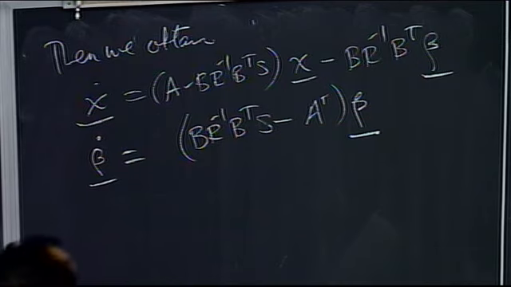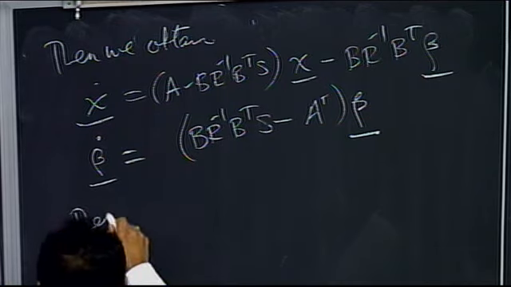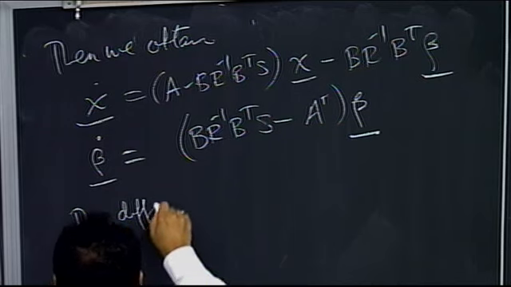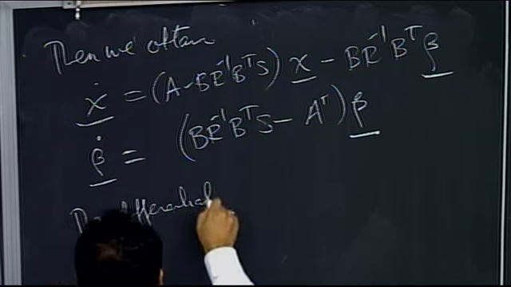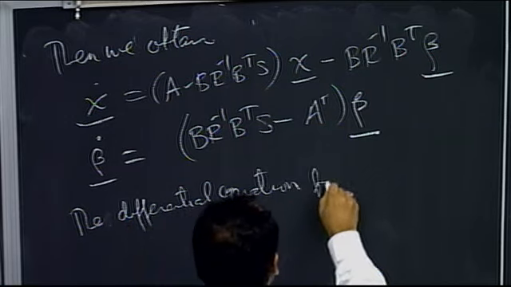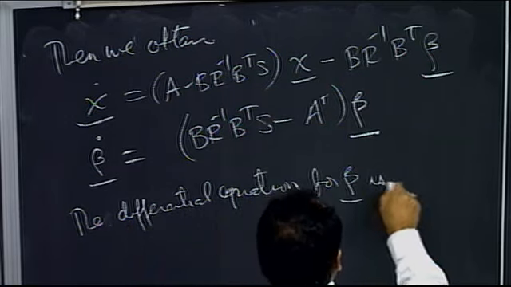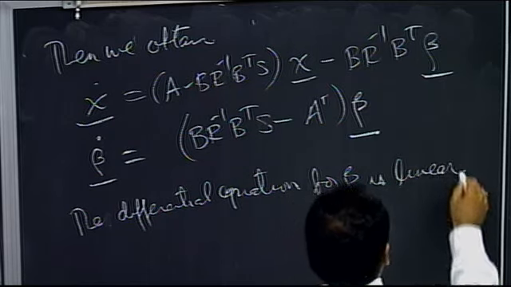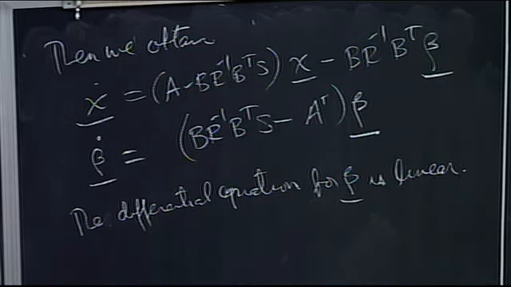Now, this system right here, the differential equation for beta, is linear. And this was something that I talked about at the very end of last lecture. I'm going to embellish it a little bit now.